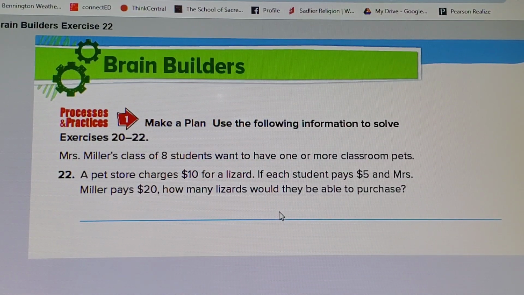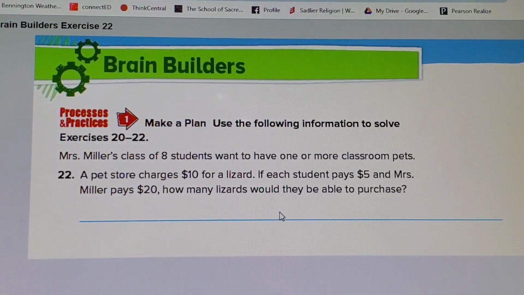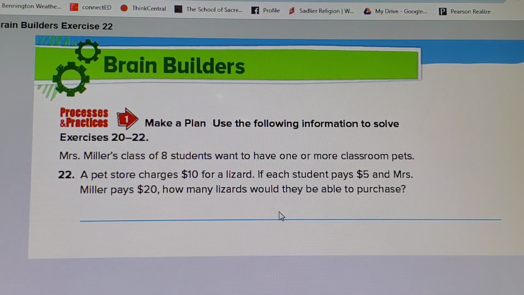So let's first find out how much money the students are paying. So 8 times $5, right, equals $40. Add that to how much money Mrs. Miller is donating. So she's going to pay 20 and they already have 40. So 20 plus 40 equals $60.